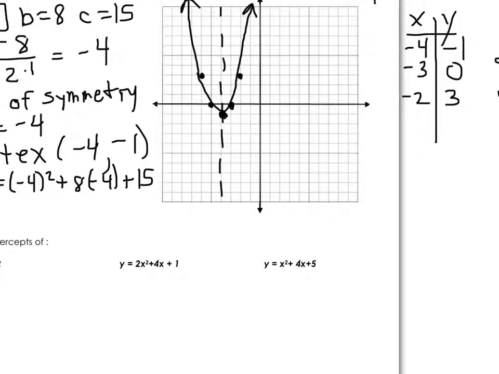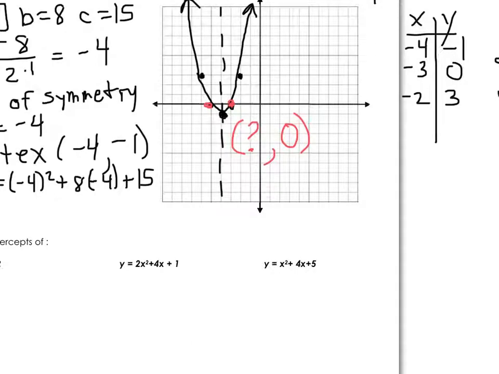We know that we found two x-intercepts here: -5, 0, and -3, 0. Those are our x-intercepts. The thing that they have in common is that y is 0. What is x? Well, it's either -5 or -3.